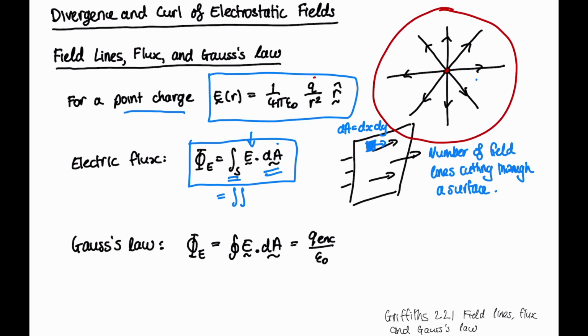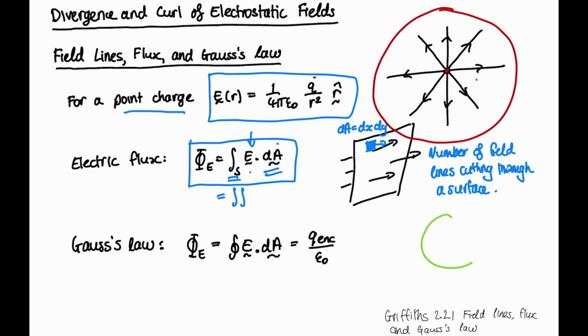But this is just saying that if we integrate the dot product between the electric field and the surface, we end up with the electric flux through that surface, which is effectively the number of field lines cutting through a surface.